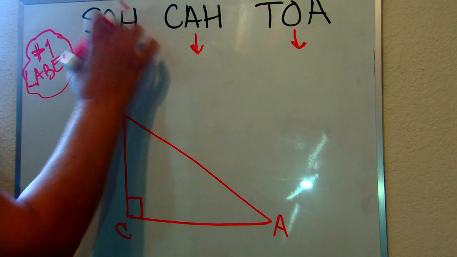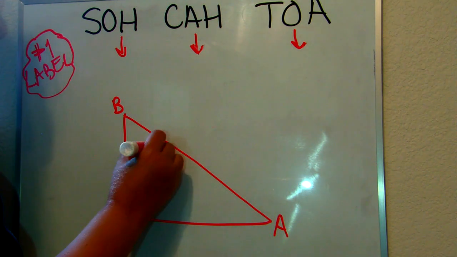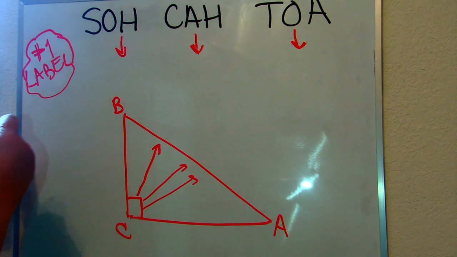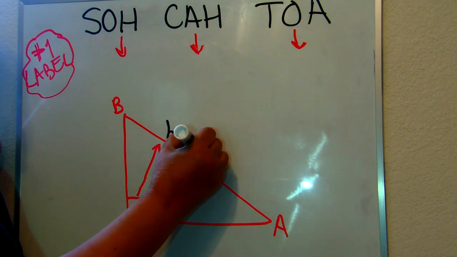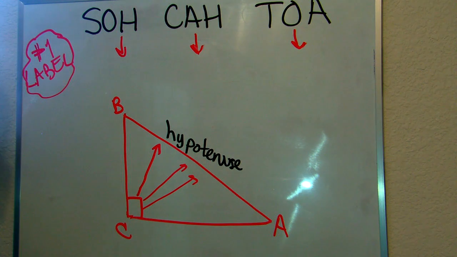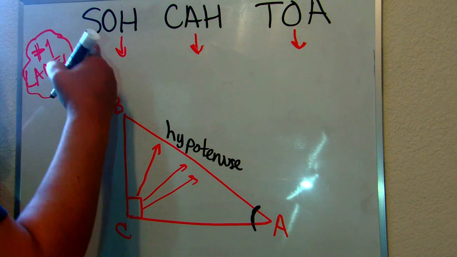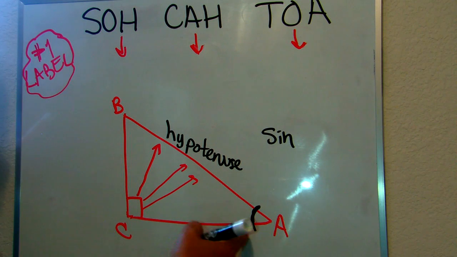The side that is across from the right angle, we call it the hypotenuse. And if we're going to be using angle A as a reference, I'm going to begin with sine of angle A.